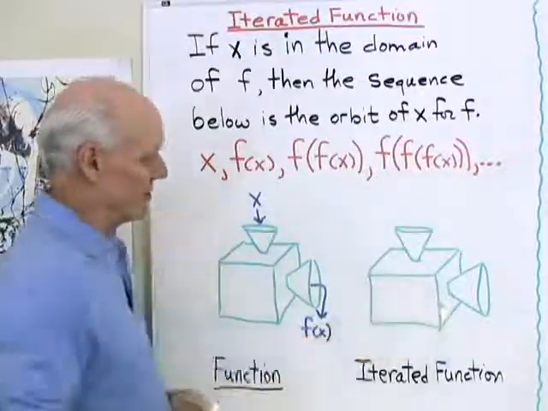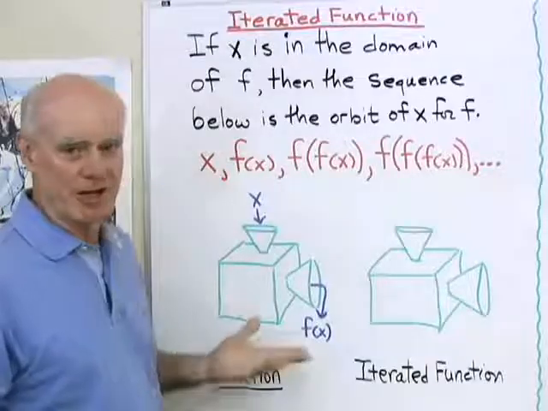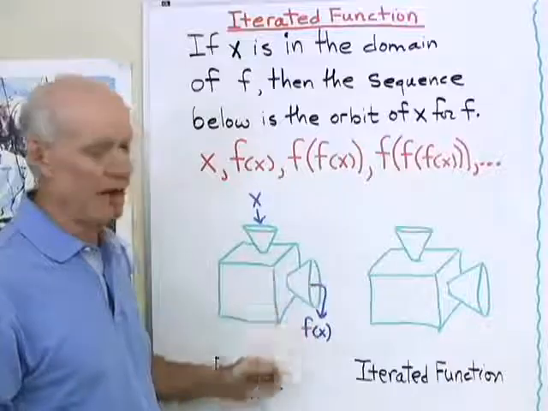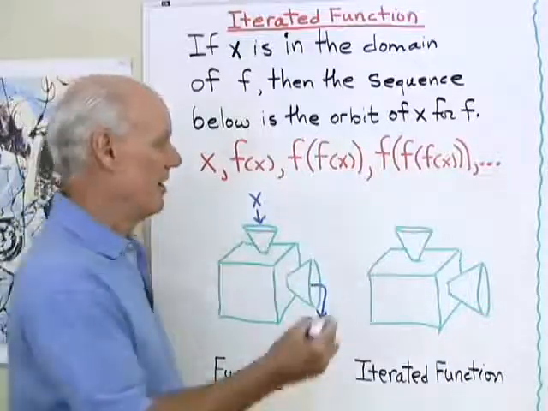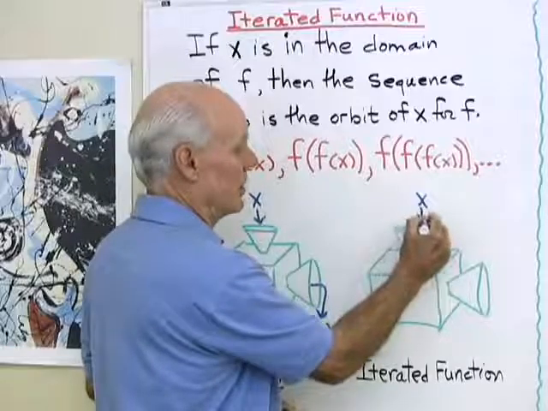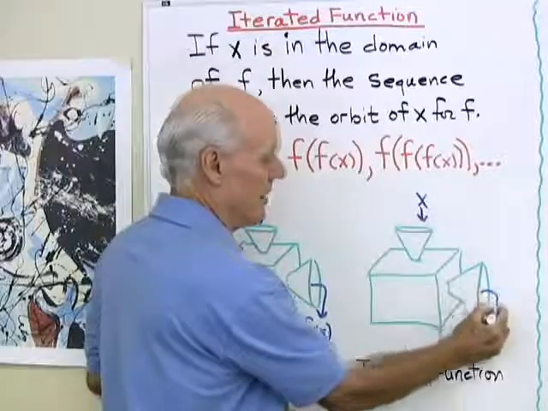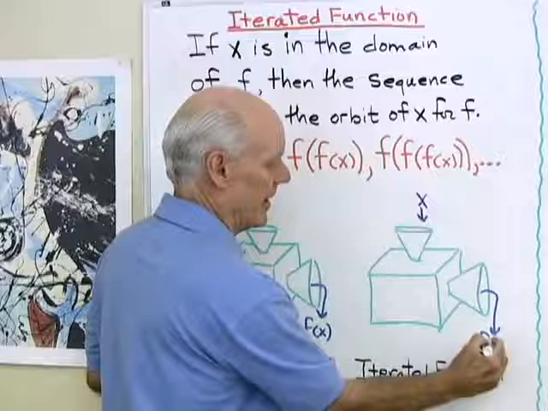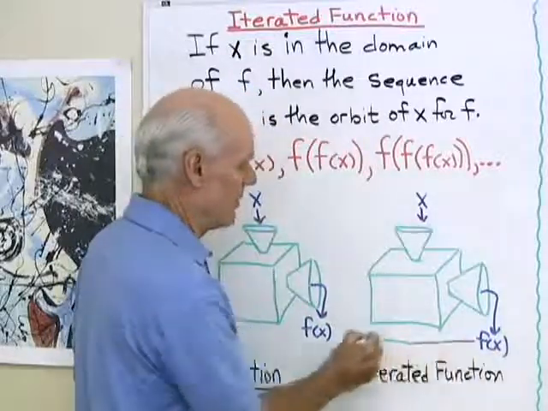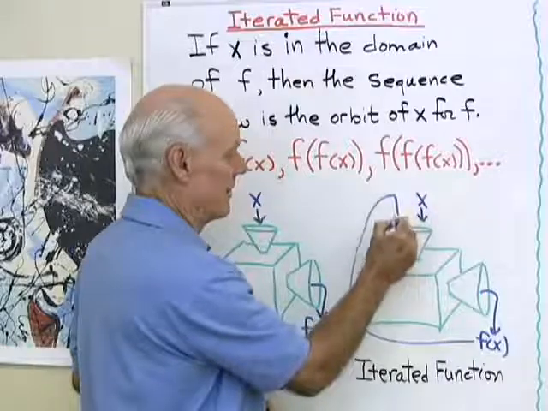So visually, the difference is just a regular function like we're used to working with. If we drop x in, what comes out of the function is f of x. Well, if we start here and we drop x into an iterated function, what comes out is f of x, and then we take that f of x and we drop it back into the function.